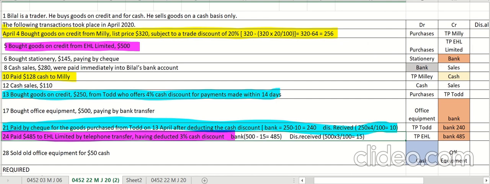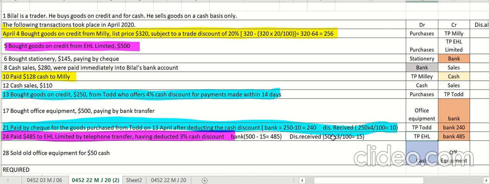Moving to 24th, paid 485 to EHL Limited by telephone transfer, having deducted 3% cash discount. Therefore, you find 3% of 500, which you were supposed to pay him, which is 15, and then the remaining 485 will be the amount which you're paying by bank transfer.